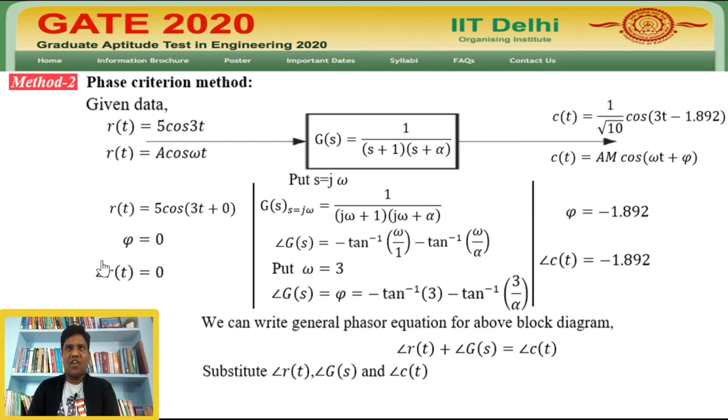Here the angle of R of t is 0, the angle of G of s is minus tan inverse of 3 minus tan inverse of 3 by alpha, and the angle of C of t is minus 1.892. After substitution, the complete phasor equation is 0 minus tan inverse of 3 minus tan inverse of 3 by alpha equal to minus 1.892. Here tan inverse of 3 is 1.249 radians.